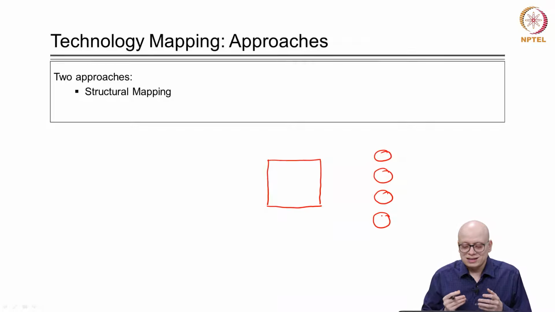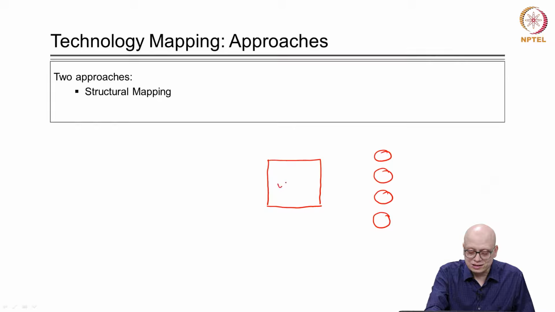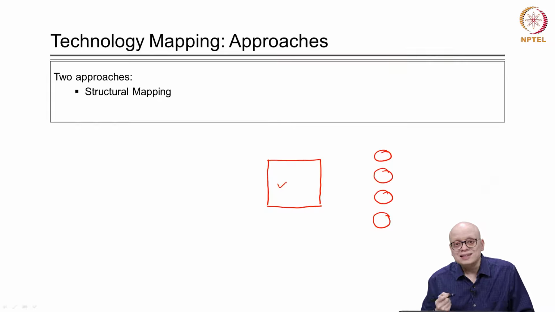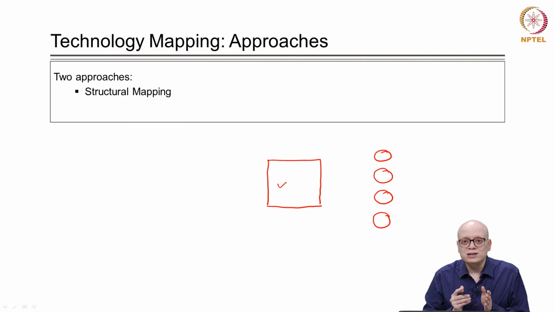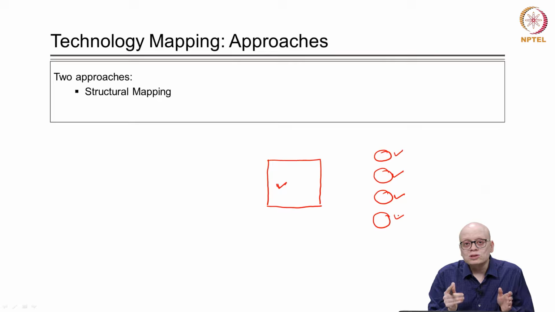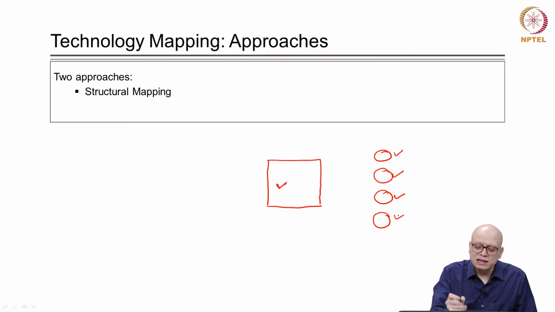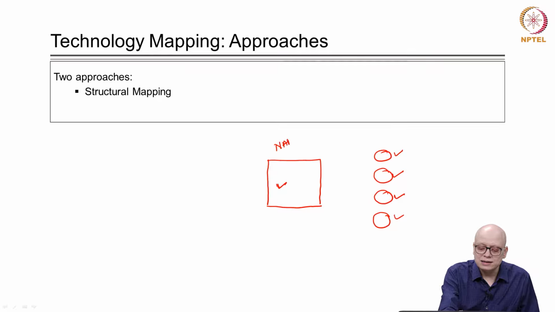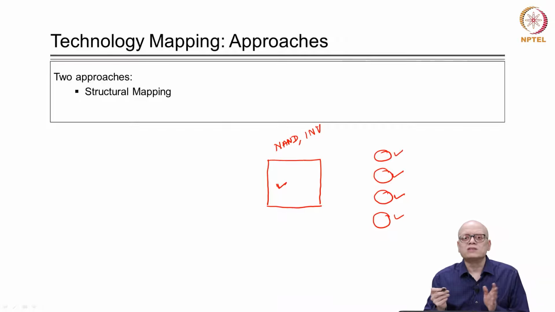To match this portion of a circuit with the cells in the library, both this portion of the netlist and the cells in the library are represented using some base functions, and that base function can be a NAND gate and an inverter, or there could be other types of base functions which could be used by the technology mapper.